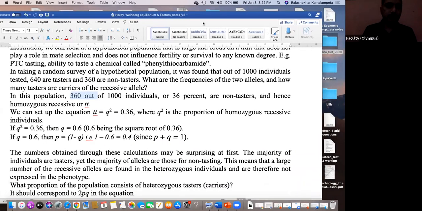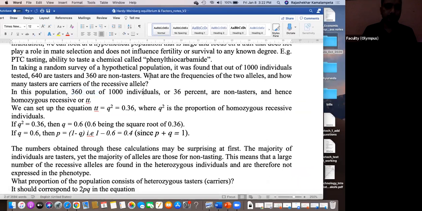And the hint for tasters and non-tasters is already given in the question itself: the taster characteristic is a dominant type. So capital T and small t are tasters, correct? So genotypes of tasters could be either capital T capital T or capital T small t.